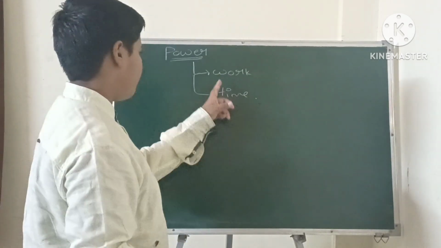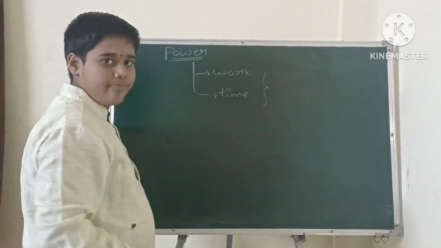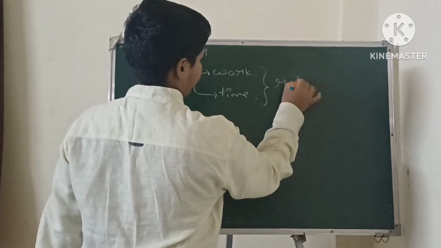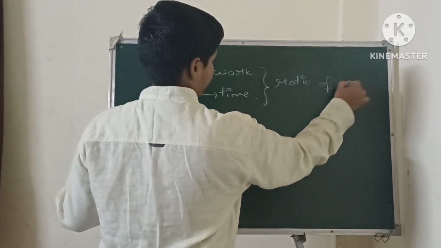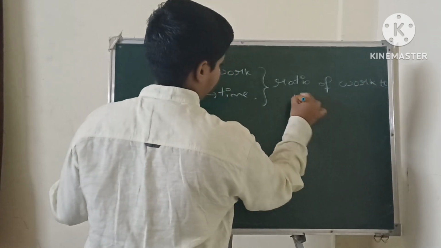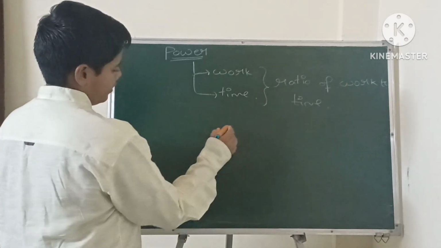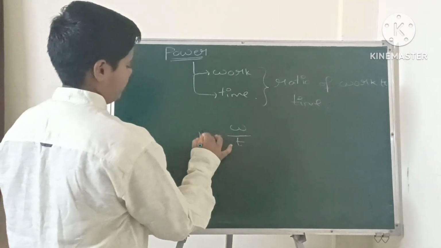So power is defined as the ratio of work to time. Ratio of work to time means work by time equals power.